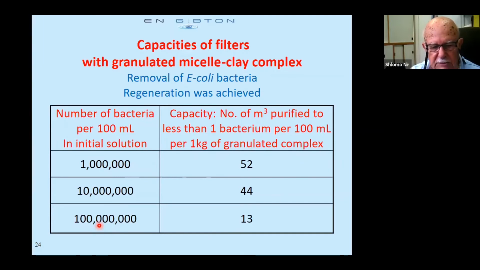In this case, the starting number of bacteria is 1 million per ml. 13 cubic meters could be passed and satisfy the condition. For a smaller number, 10,000 per ml, 52 cubic meters could be filtered. And note, of course, regeneration can multiply it by more than twofold.